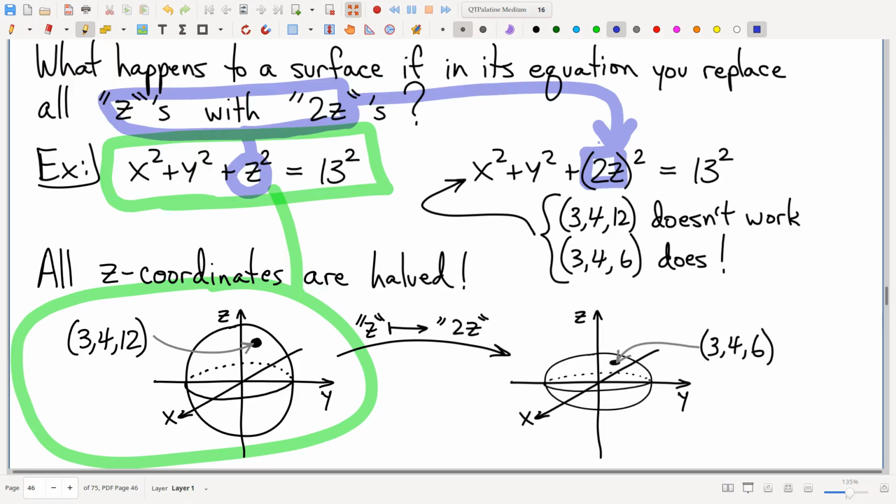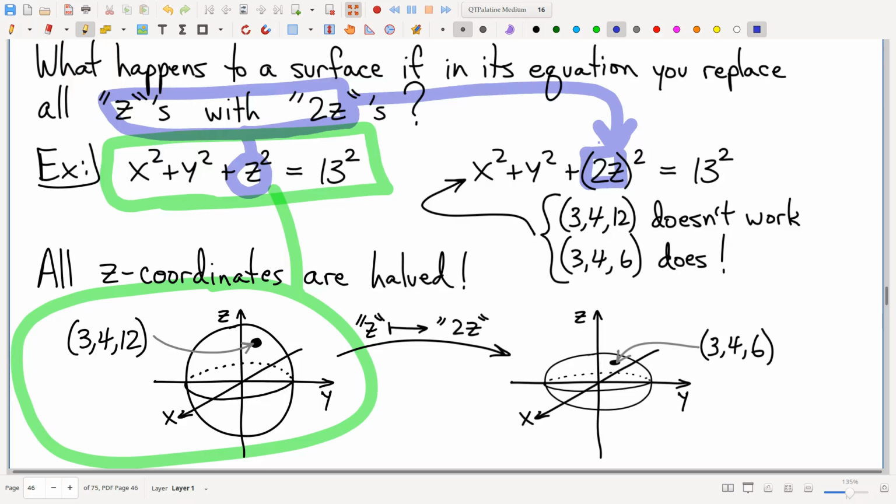Keep in mind, this is not doing algebra, right? This is not reversible; the new thing is not the same as the old thing. I'm definitely getting a different surface here, right?